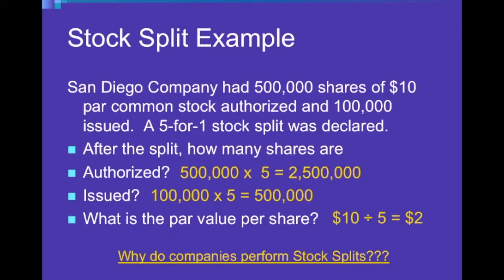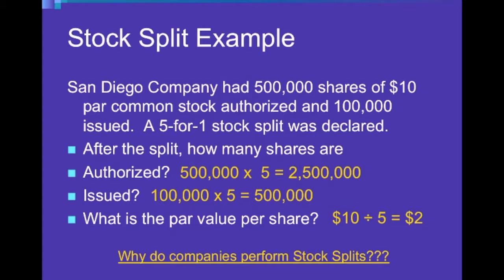But first, let's talk about why a company might want to do a stock split. So a lot of the reasons are similar to what we talked about last class with a stock dividend. All right, maybe they just want to be able to give the stockholders something, but they don't have cash to be able to give to them. So they decide to split their common stock instead and give these shareholders some more shares of stock.